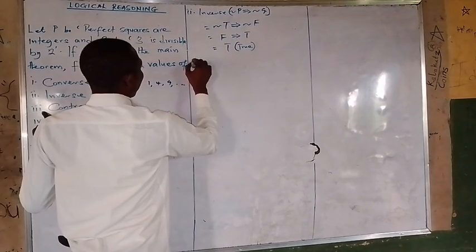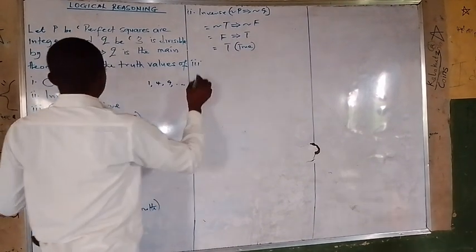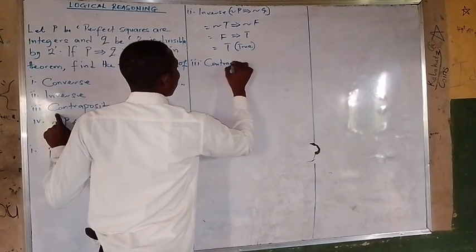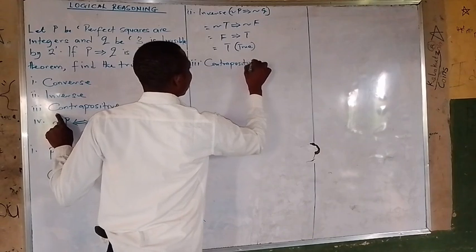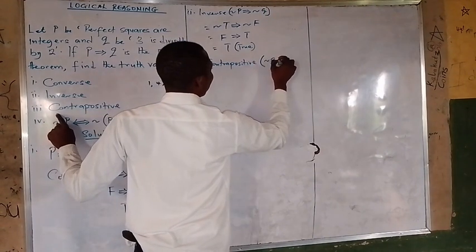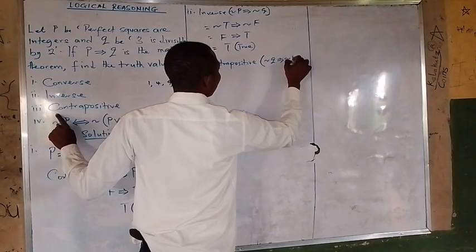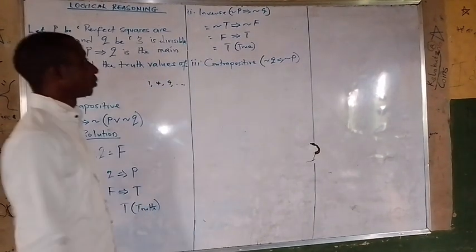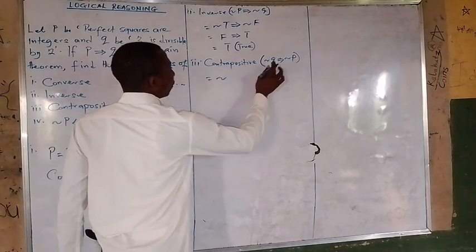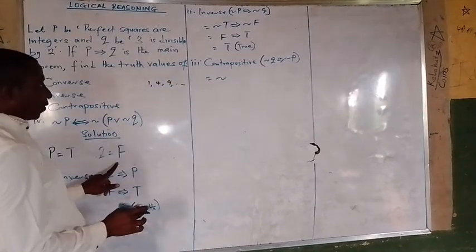Can we move down to the third one? The contrapositive. That is, negation of Q implies negation of P. So this will give us negation of Q. Q is false.